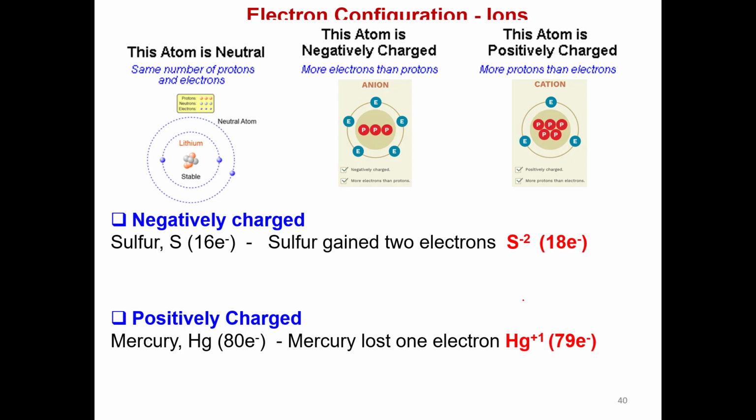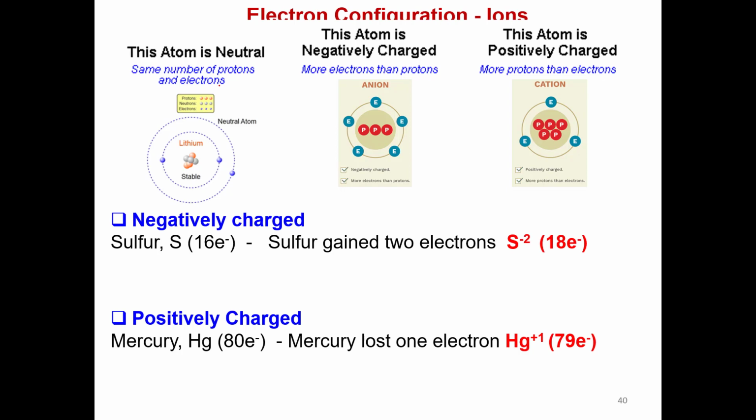One more thing I want to discuss is the electron configuration of the ions. What are ions? Up to now, what we discussed was the electron configuration of neutral atoms, atoms that have the same number of protons and electrons. The atomic number corresponds to the number of electrons if the atom is neutral.